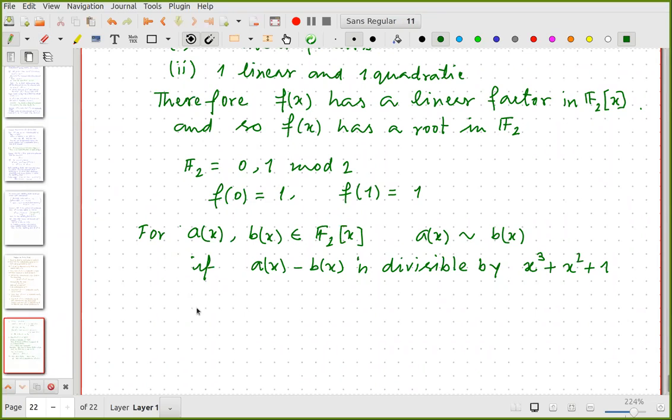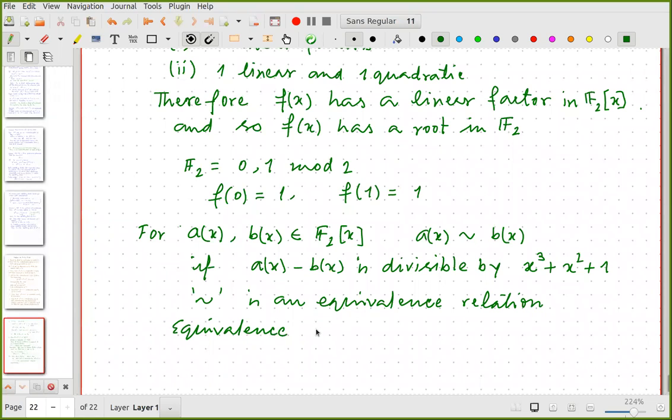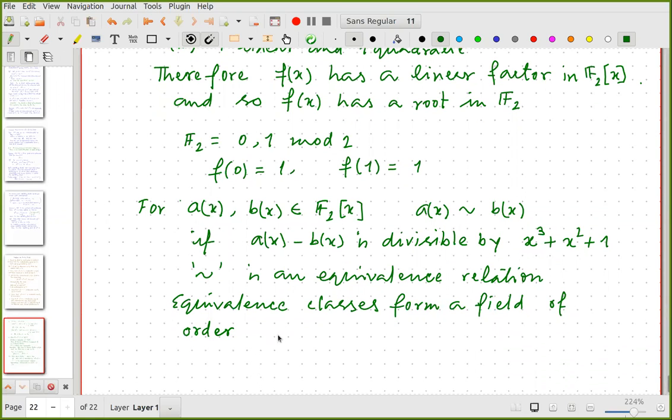So this is going to be an equivalence relation, and the equivalence classes would form a field of order 2 to the cube, which is 8.